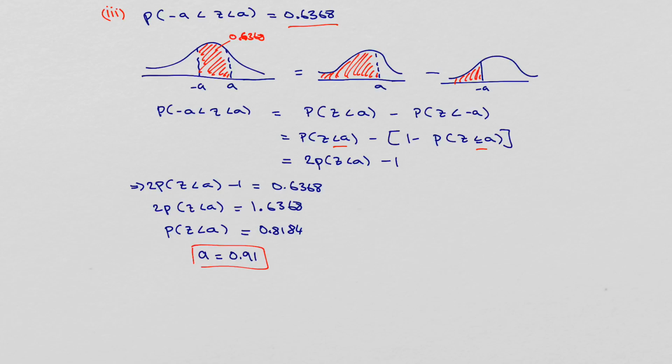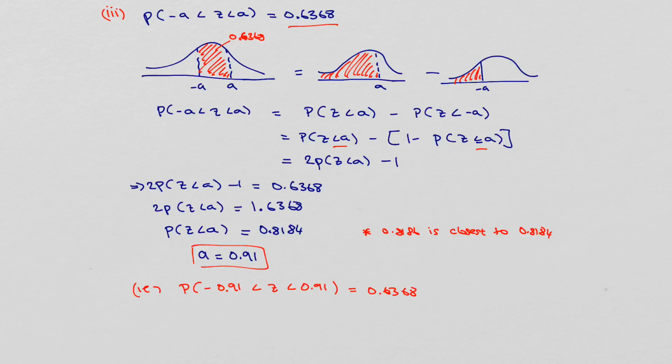So the probability of minus 0.91 less than Z less than 0.91 would give me a value of 0.6368. So we're going with the closest value: 0.8186 is closest to 0.8184.